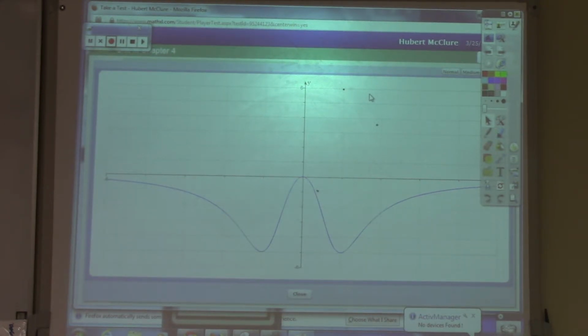This one would be negative infinity to 0. But it's not asking for the range. No, it's not asking for the vertical asymptotes, but that's what we're looking for. The graph is symmetrical. Let's see what happens when we plug it in. I don't know if it'll graph it or not. This thing's frozen. Did I freeze? Yeah.